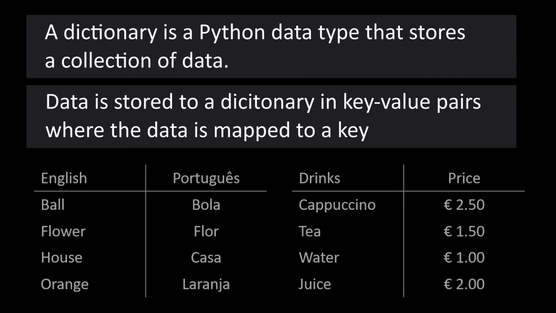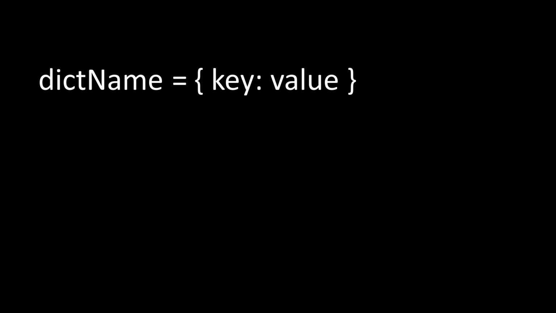Let's learn how to define a dictionary. The general way to define a dictionary is the following. You type the name of the variable, I'm gonna call it dictName, then you add the equal sign and the curly braces. At this point, we have an empty dictionary. To add an element to it, we give a key, followed by a colon, then a value.